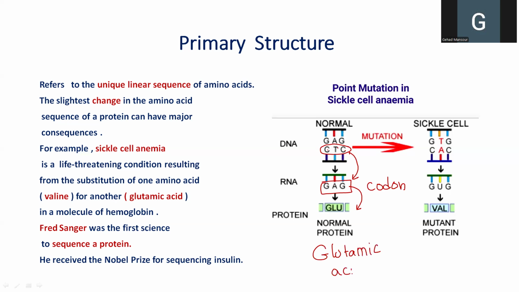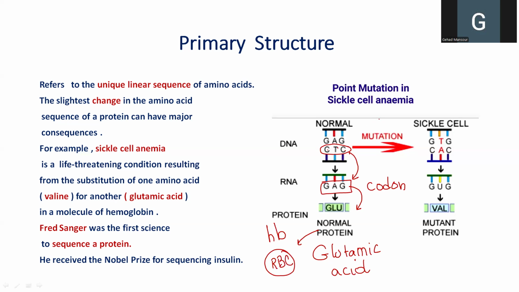So if glutamic acid is included in the polypeptide chain of hemoglobin that is present in the red blood corpuscles, then this is a normal molecule of hemoglobin. And the protein we are talking about here is hemoglobin that is present inside your red blood corpuscles.